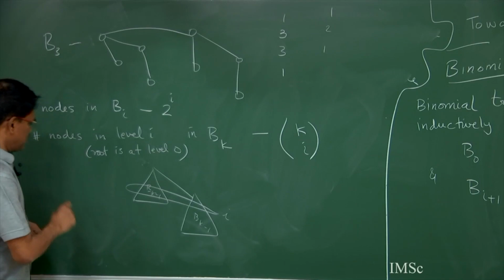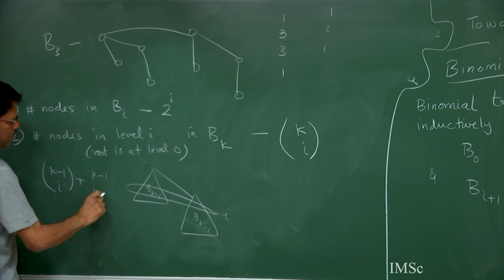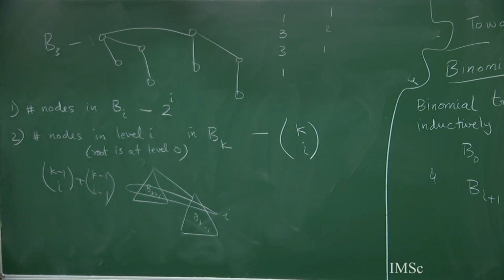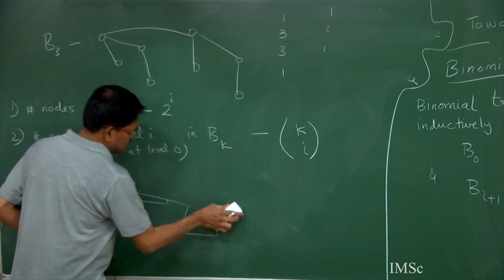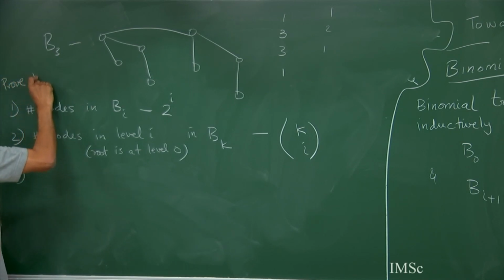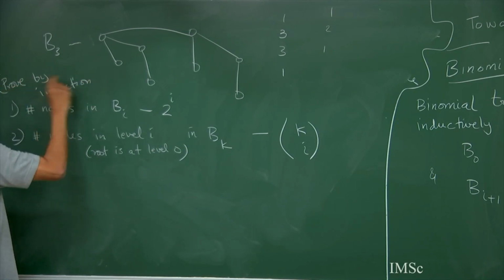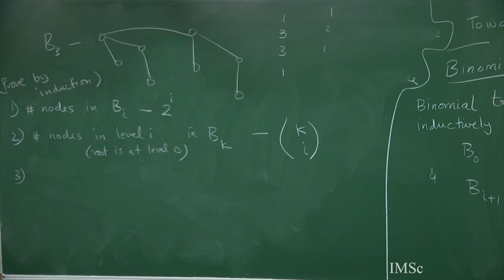So, by induction it is k minus 1 choose i plus k minus 1 choose i minus 1. That is exactly k choose i, right? And that is why these are called binomial trees actually. So, we quickly went through, but if you didn't follow online, basically just try induction. It's a nice, simple exercise.